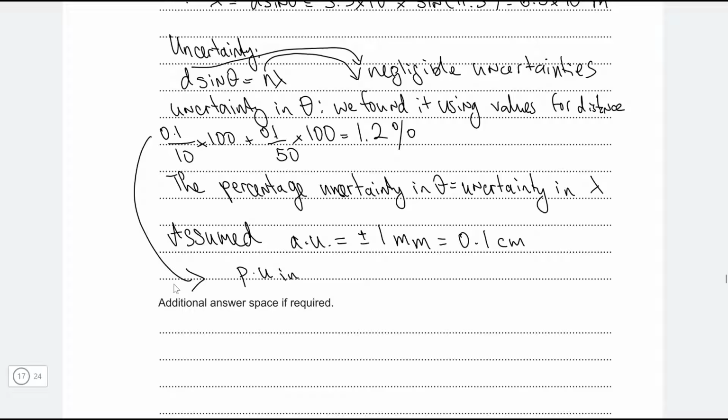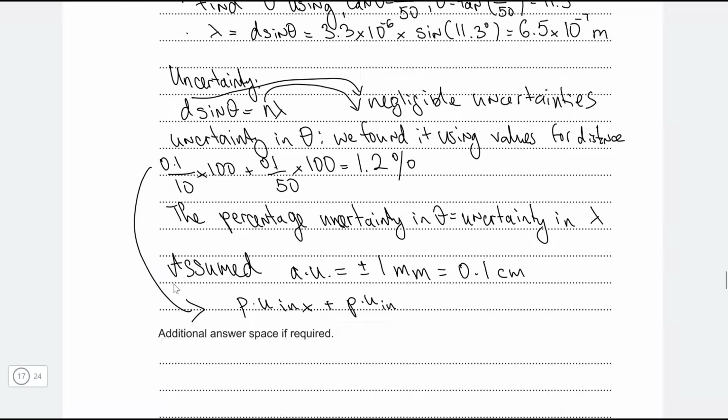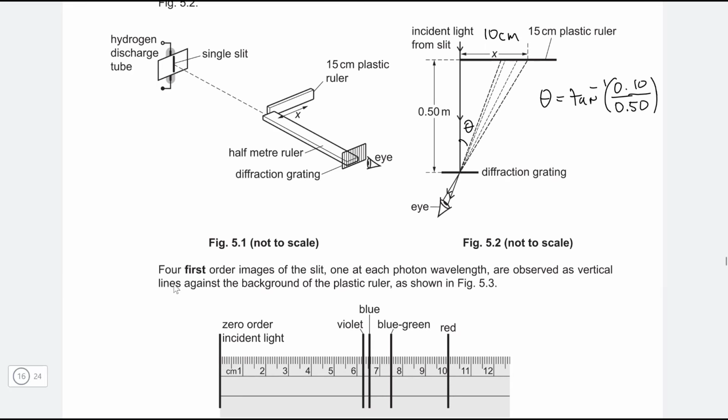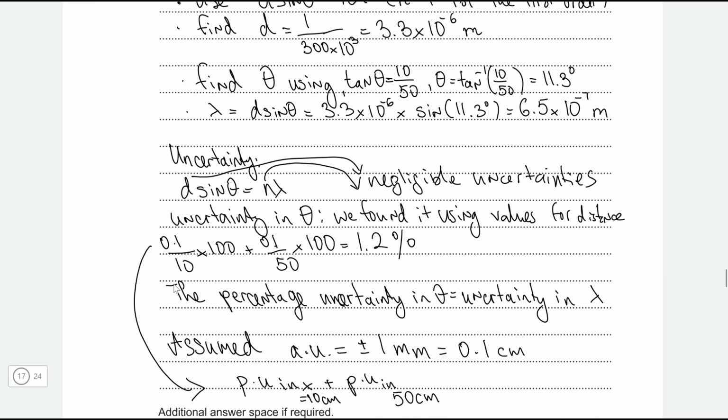And what I've done over here is I've just simply found the percentage uncertainty in one of the distances. Let's call that in the measurement of x, plus the percentage uncertainty in the other distance. Let's say the distance x is equal to 10 centimeters, and the percentage uncertainty in 50 centimeters, which is just this length over here.